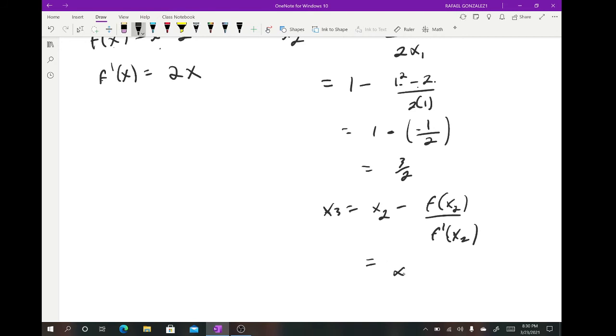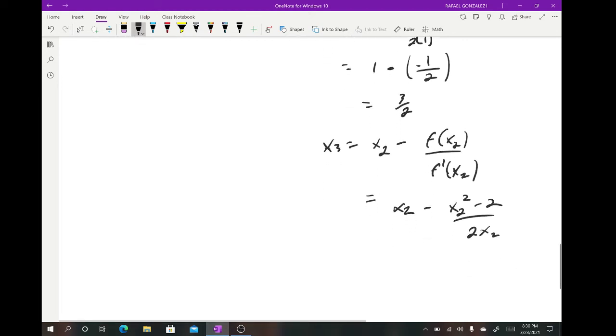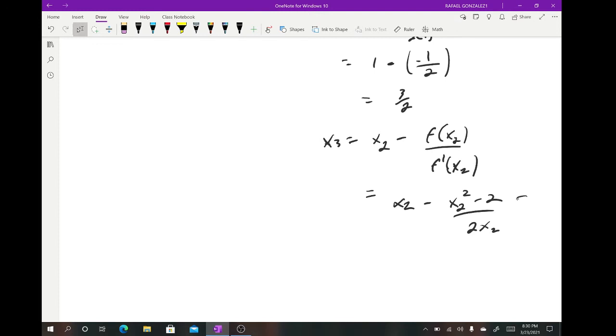Let me write x2 minus x2 squared minus 2 divided by 2 times x2. I'm just rewriting this, first rewriting the f with x2 plugged in, and then the derivative with x2 plugged in. And then we substitute the value from before, which is 3 halves. So this is going to be 3 over 2 minus 3 over 2 squared minus 2, divided by 2 times 3 over 2.